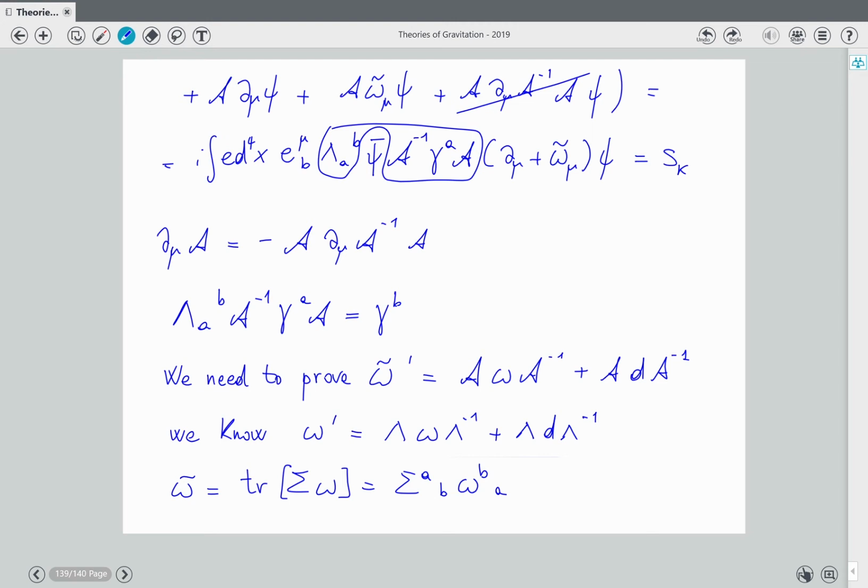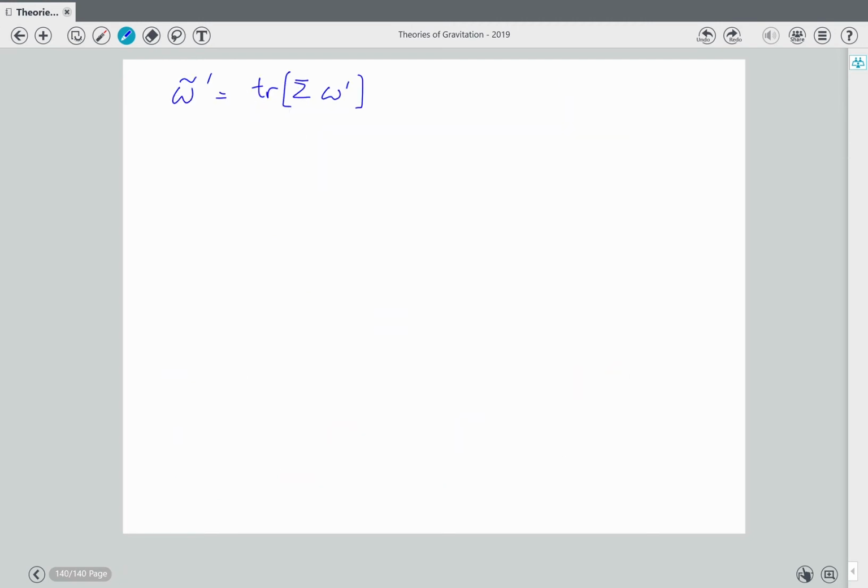It's like doing this replacement. Well, omega prime is this. So here we have two contributions, sigma lambda omega lambda minus 1 plus sigma lambda d lambda minus 1.